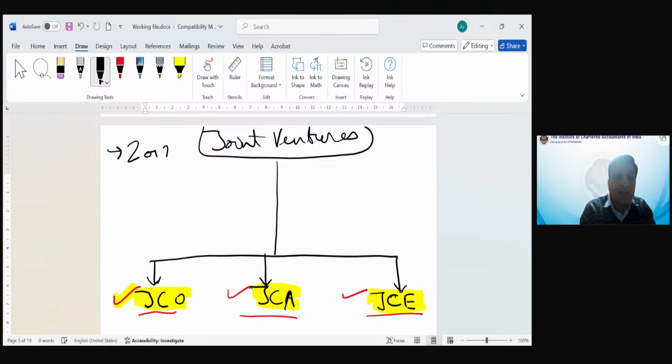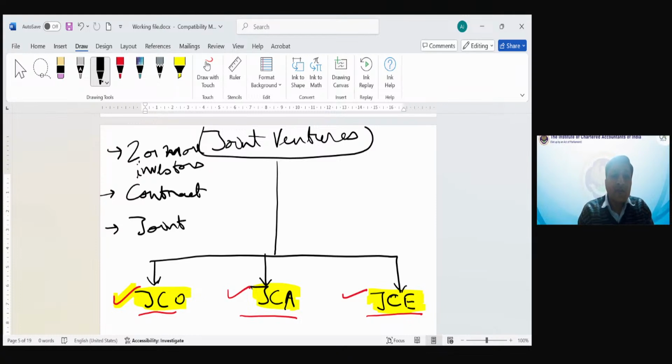Number one, two or more investors should be there. Number two, there has to be a contract. Number three, there has to be joint control. Please don't forget this point, because over this there could be a confusion. Whenever you jump onto that, you need to take care of this.